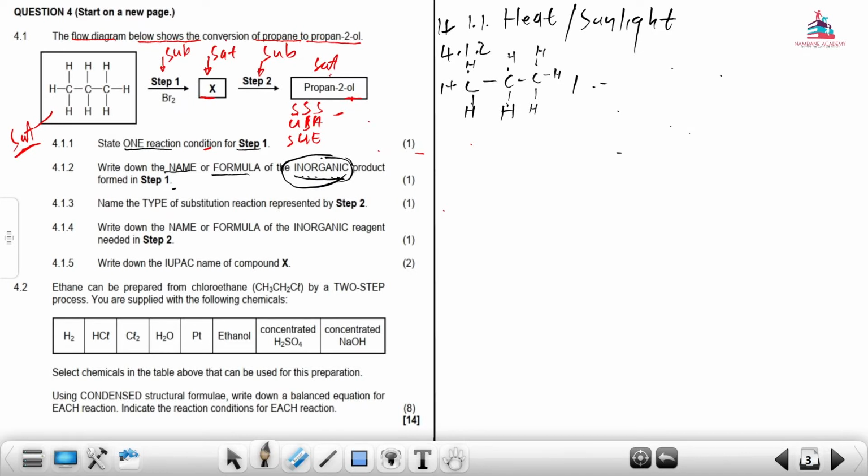Fine. And then what did they add? Br2. So we are going to have something like it's substitution. So 1, 2, 3, and then we substitute Br at carbon number 2. And then now we still have the HBr.